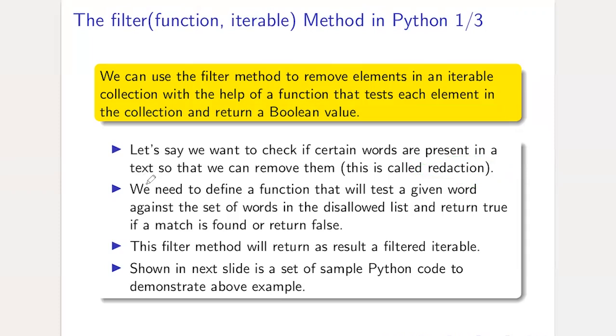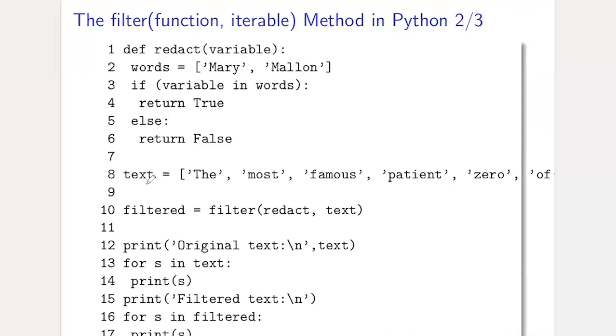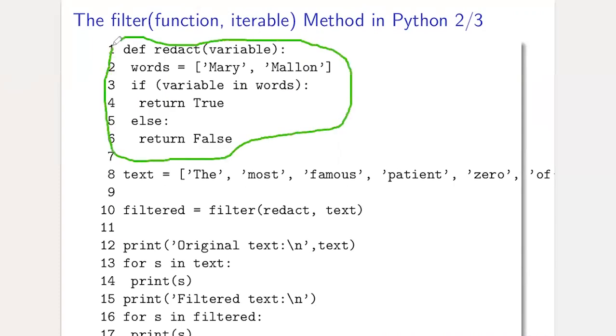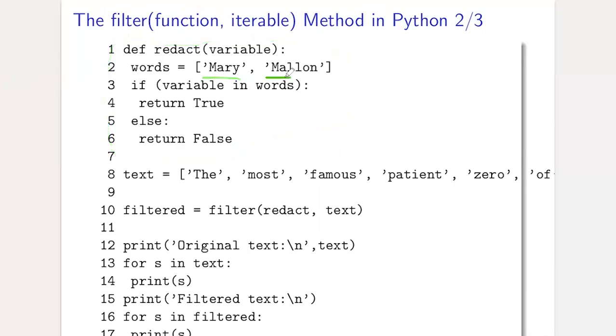Here I have an example of how to do this efficiently using Python. I have defined a function here called redact. In this function, I have two words, Mary and melon. It could be anything, you can have Sri Lanka.